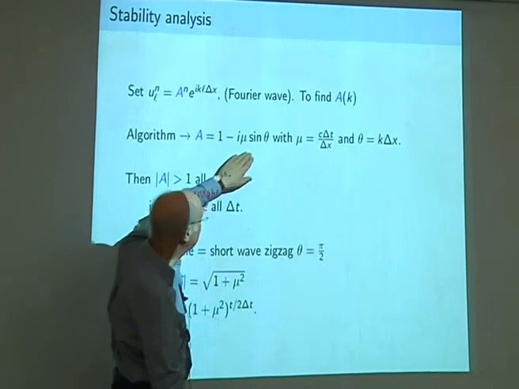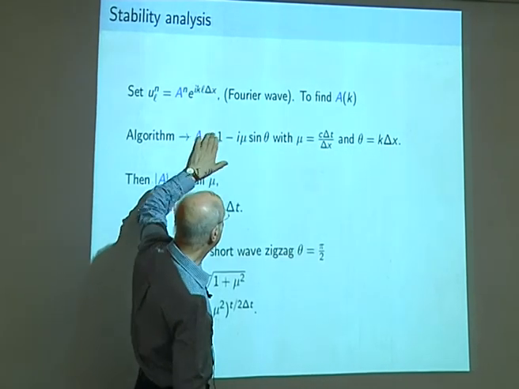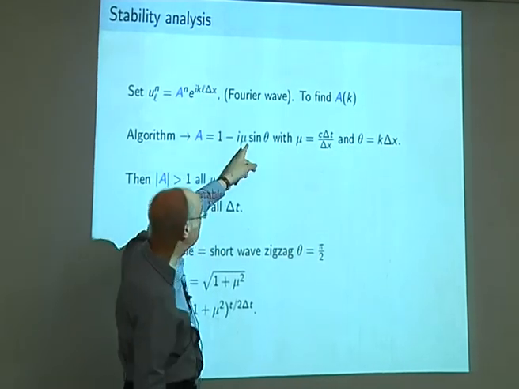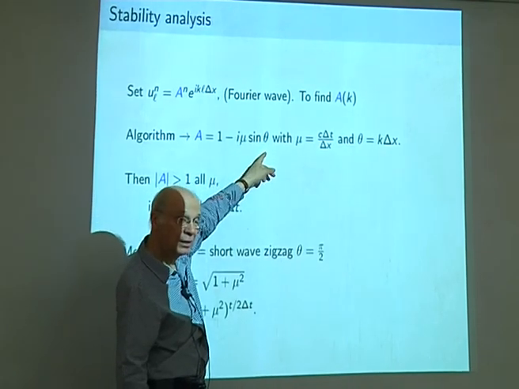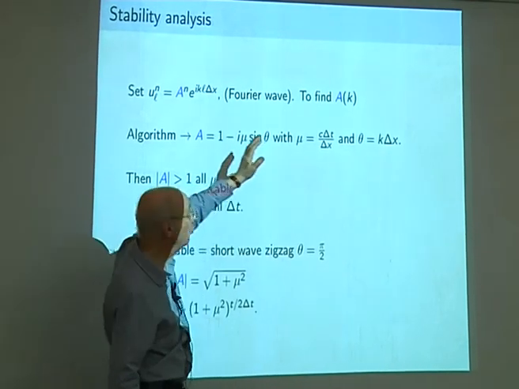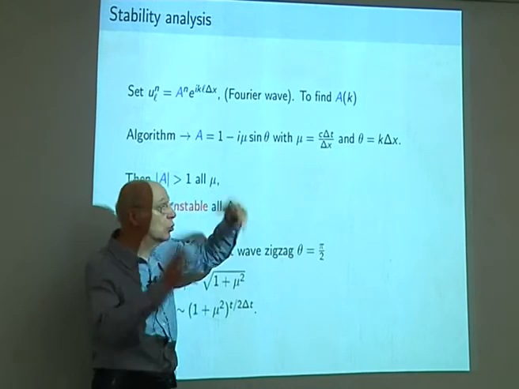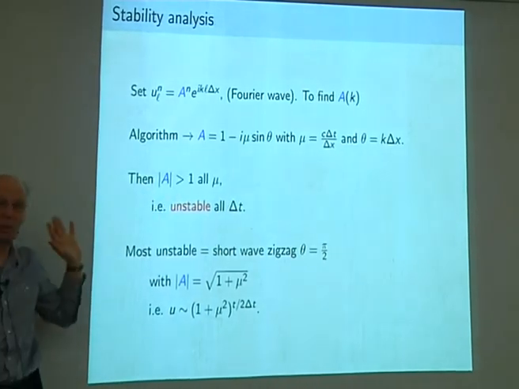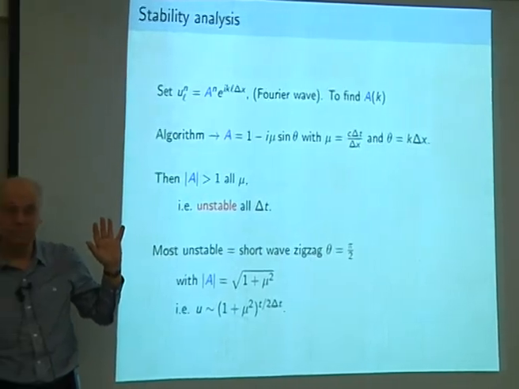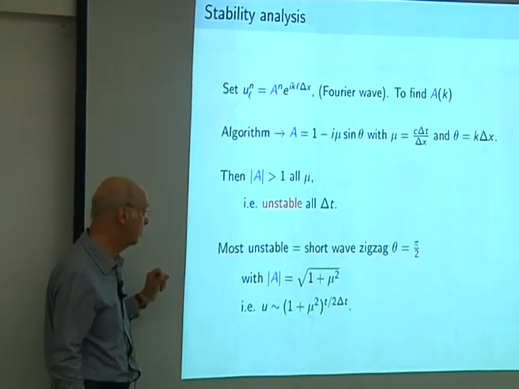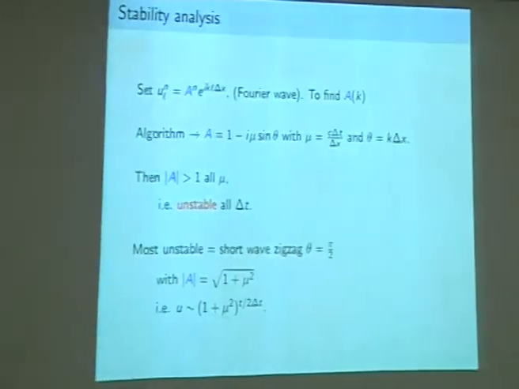The magnitude of this is always the square root of 1 plus mu squared sine squared theta, because it's the real part squared plus the imaginary part squared, all square root, and therefore the size is always bigger than 1, and therefore it's always unstable. Okay. We needn't worry about the shortest wave.